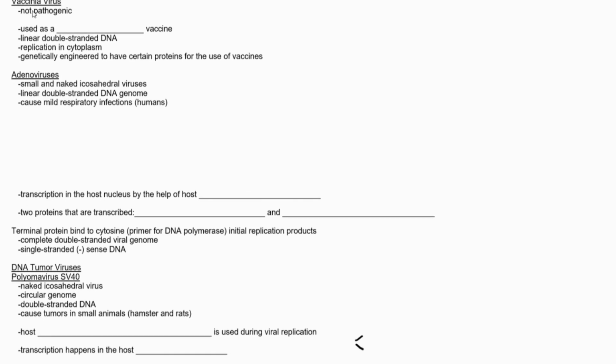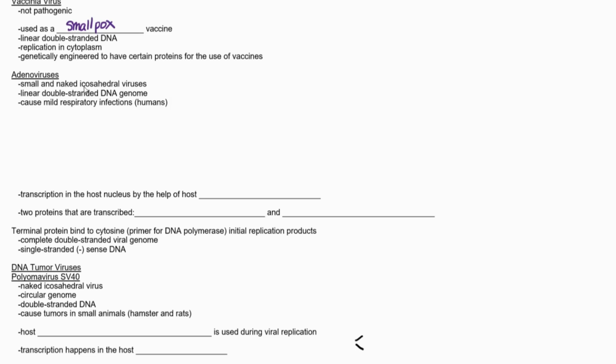Vaccinia viruses are not pathogenic. They are used as a smallpox vaccine. They have a linear double-stranded DNA. Replication occurs in the cytoplasm of the host, and they are genetically engineered to have certain proteins for the use of vaccines.